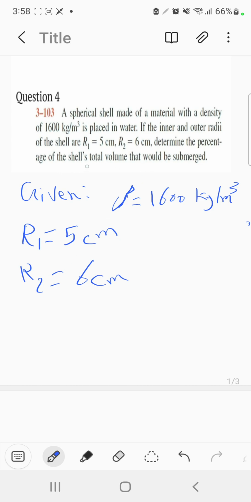According to the question, he wants to know the volume that is submerged. So V submerged is unknown. So how can we solve this question?